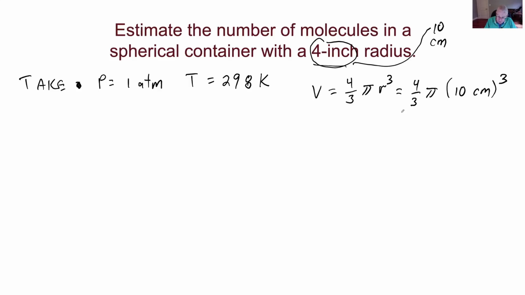Okay, so that says my volume comes out to be 4.19, it says in my notes over there, times 10 to the 3rd. That's in centimeters cubed. 1,000 centimeters cubed happens to be a liter. So I'm going to say I know that that is 4.19 liters, and that's the unit I'm going to take over here with me when I do my problem. So now I have V equals 4.19 liters.